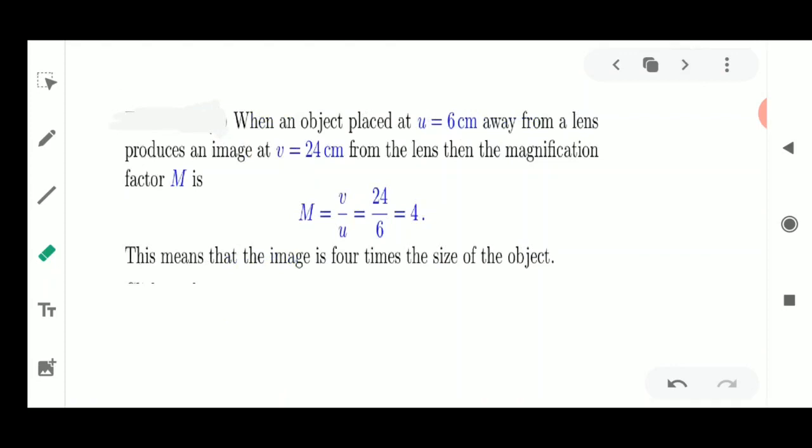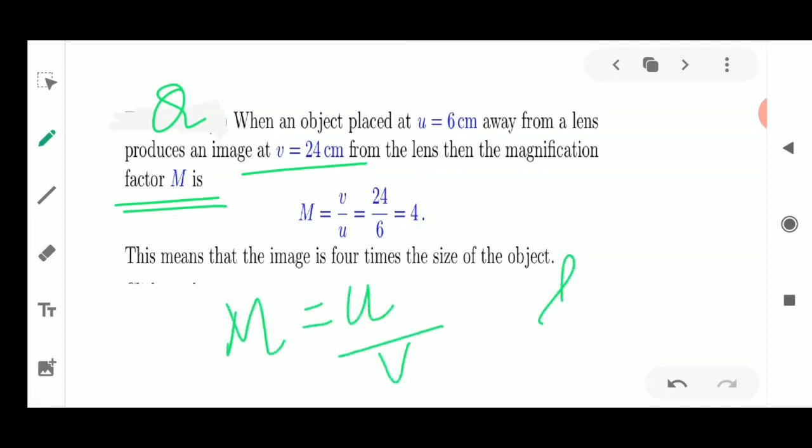Now we move on to the next numerical. When an object is placed at u, 6 centimeters away from a lens, it produces an image at 24 centimeters from the lens. Then what will the magnification be? To find m you need to know u and v, or the height of the image and height of the object.